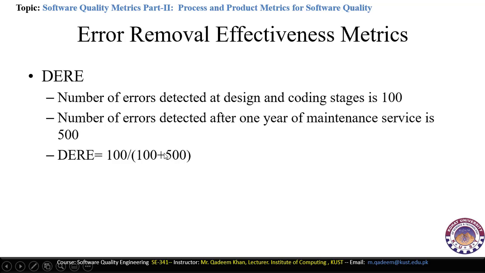So the errors detected in the design and code stage are divided by the original errors plus the new errors detected after a particular time frame, which gives a particular value here.